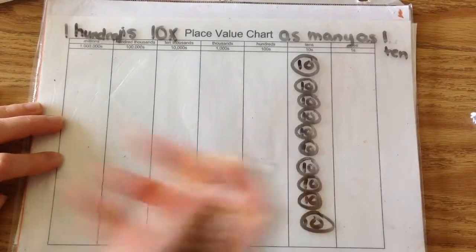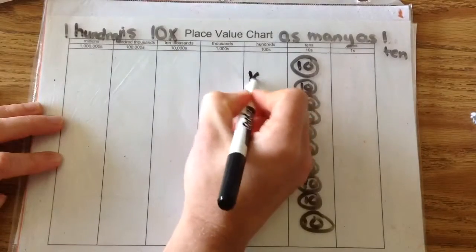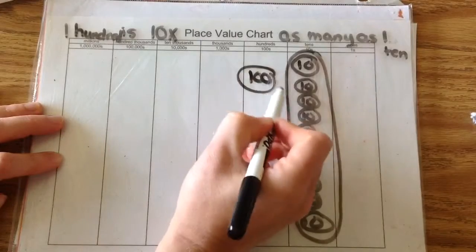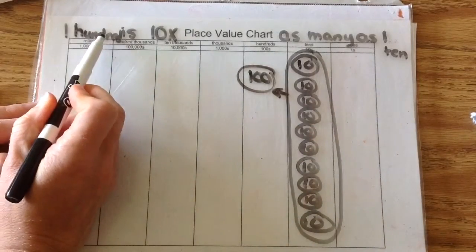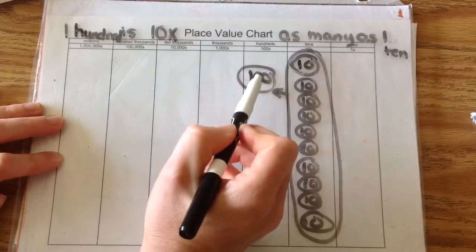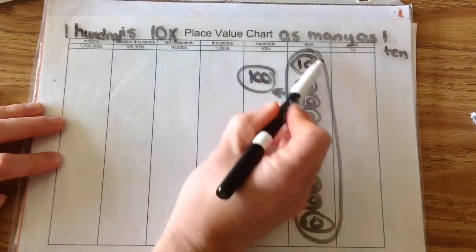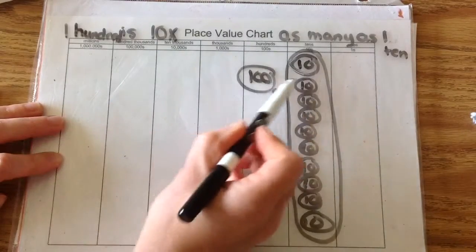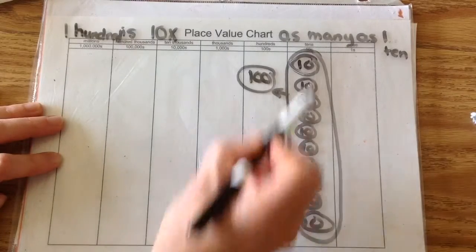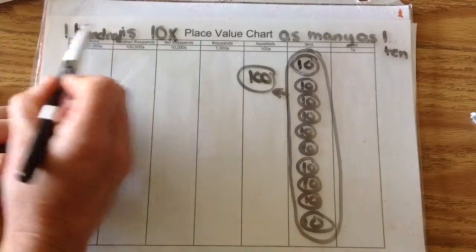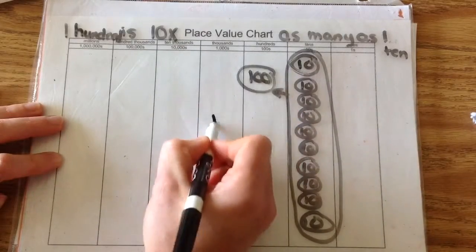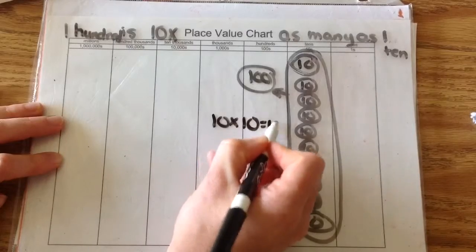If I have 10 tens, 100 is the same as 10 tens. So 100 is 10 times as many as 1 ten. So 10, 20, 30, 40, 50, 60, 70, 80, 90, 100. I have 10 tens. So 100 is the same as 10 times as many as 10 tens, or 10 times 10 equals 100.